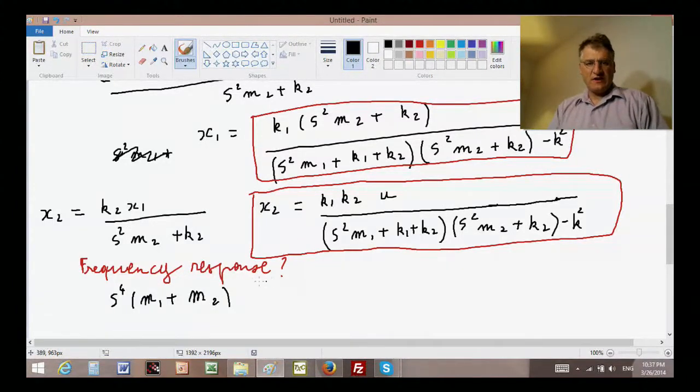The second element is s to the second power, s squared, times m1 k2 plus m2 times k1 plus k2.